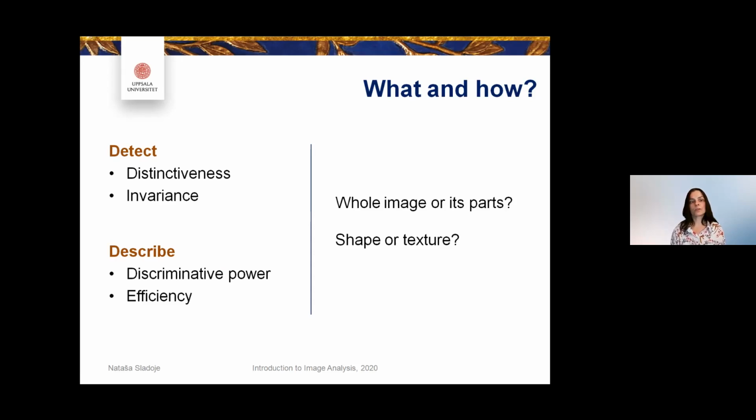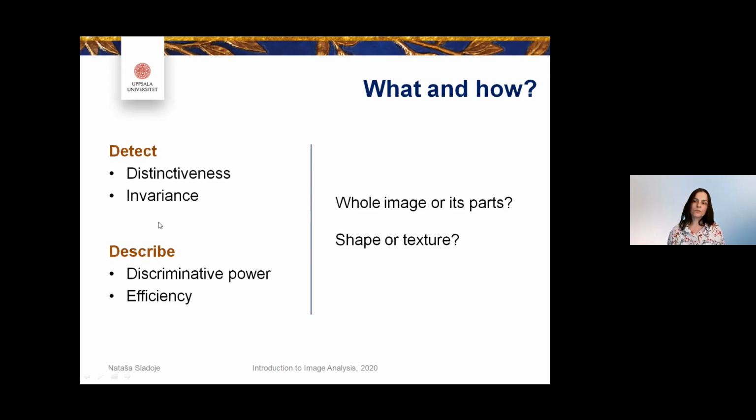So the features should be relatively easy to identify in different images, in different objects, and also have some amount of invariance, because we want to be able to detect the same features even if our scenes, our objects appear slightly different in different images due to presence of noise, some transformation, and so on.